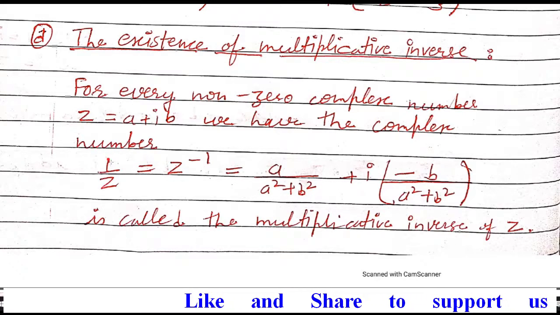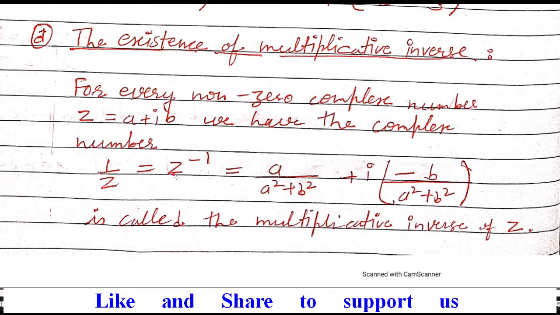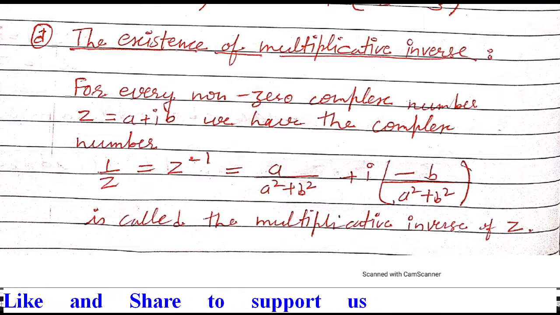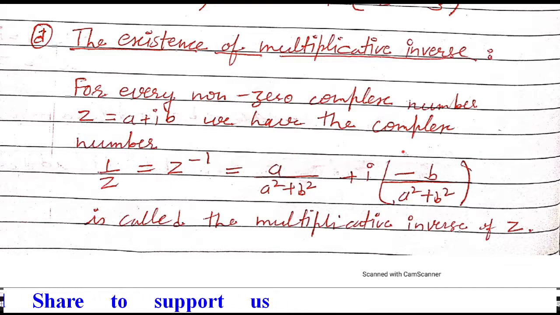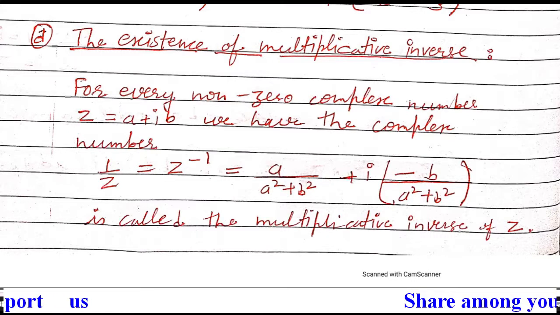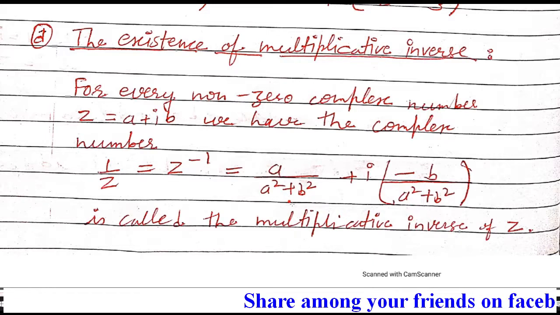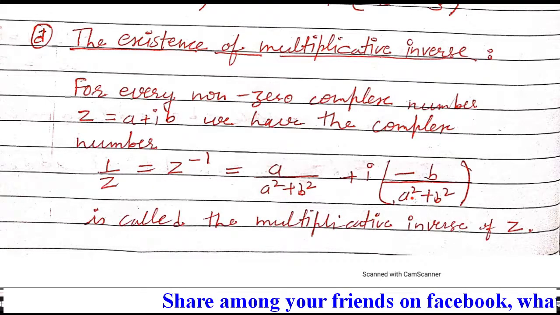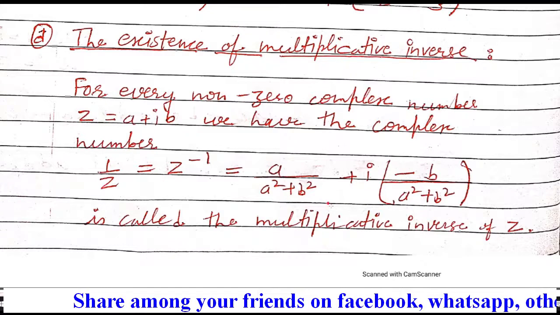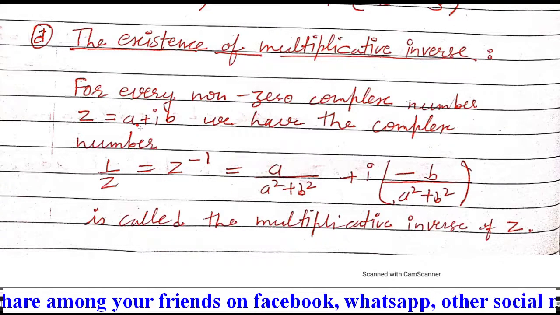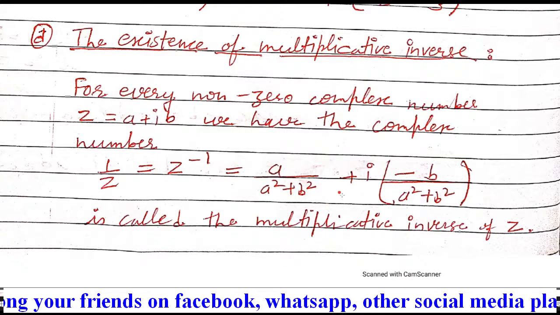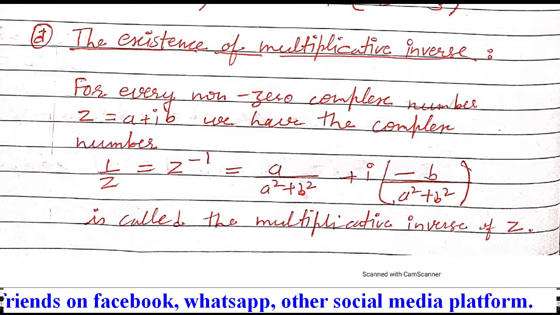So z's reciprocal is 1 upon z, that we can write as z to the power minus 1, and the formula is going to be like this: a upon a square plus b square, plus iota, then minus b upon a square plus b square. So it's a formula for finding the multiplicative inverse of any complex number of the form a plus iota b. So you must learn this formula.